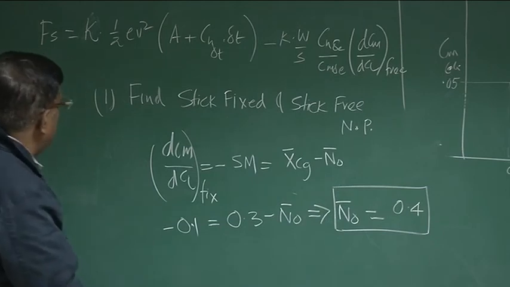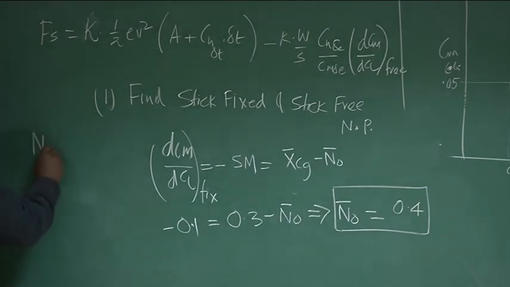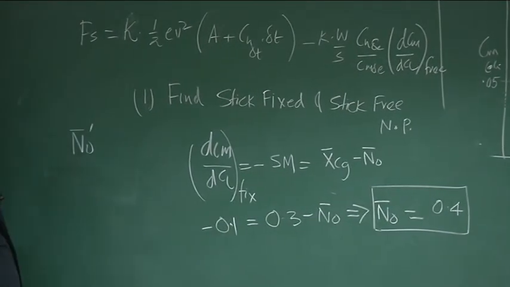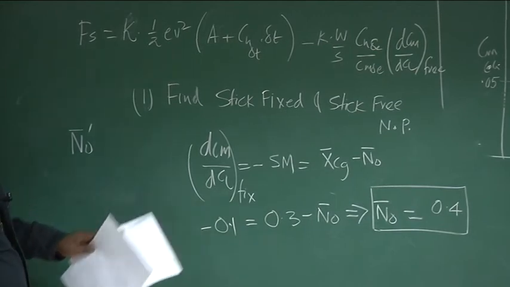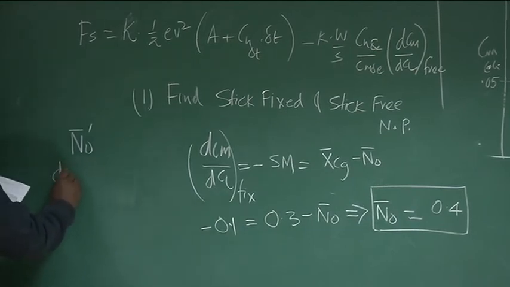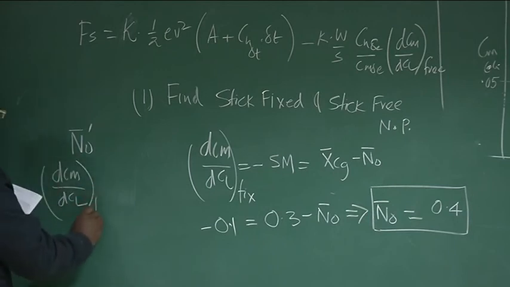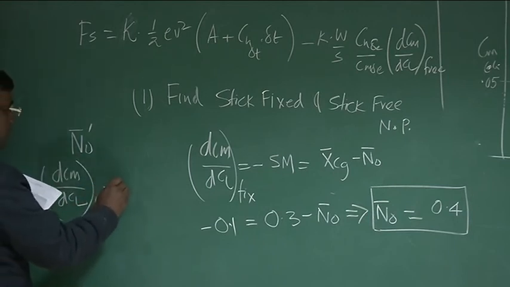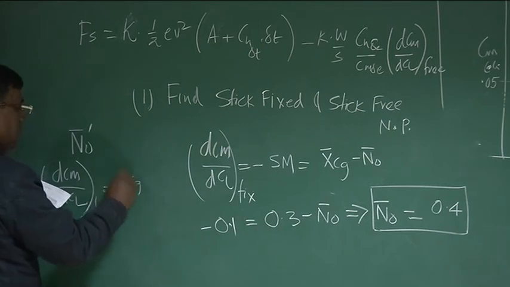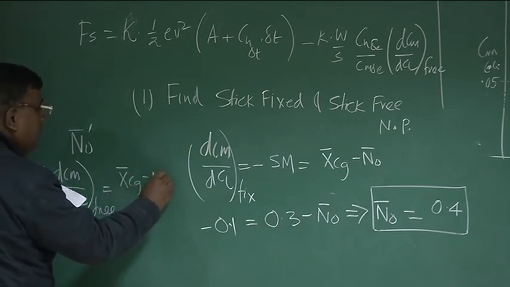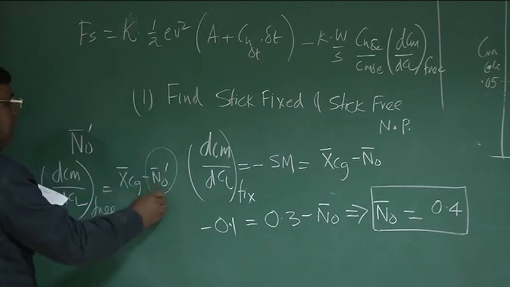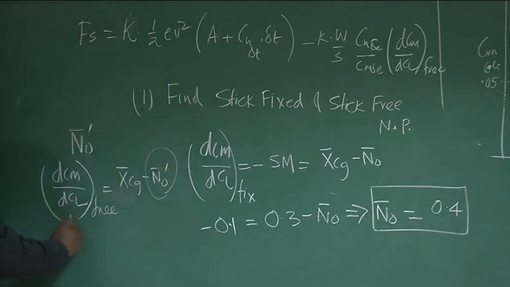Now if I ask you what is n naught prime, how will you find out? As simple as that. You know dCm by dCl free should be equal to xcg bar minus n naught prime. This is the stick free neutral point. This value you know as minus 0.07 something.